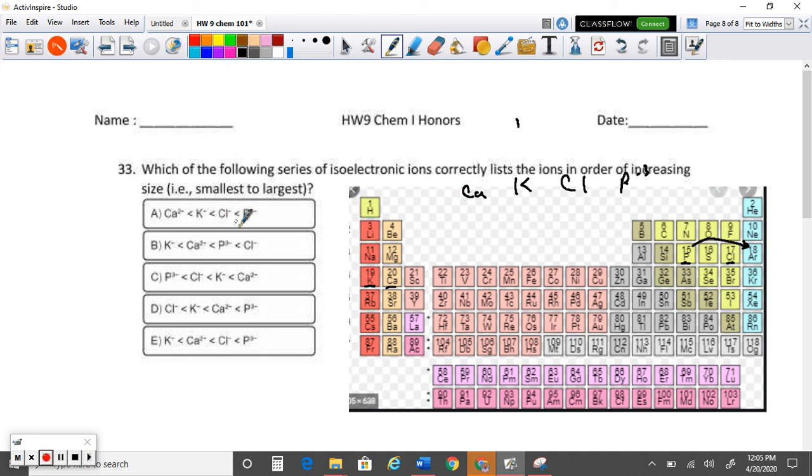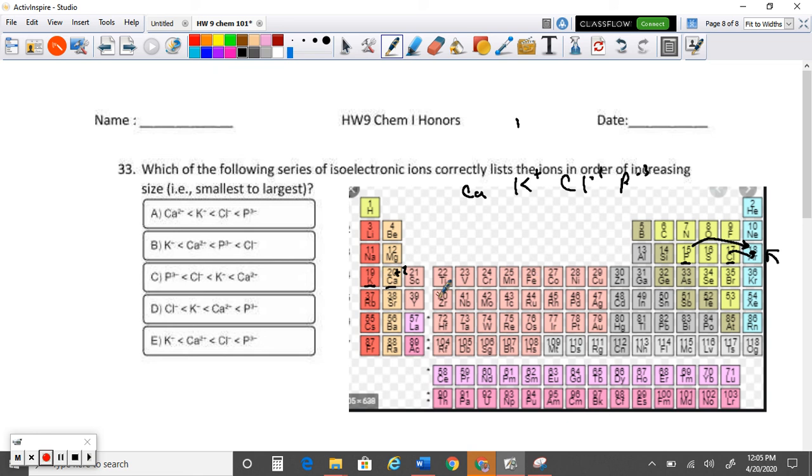Chlorine becomes a -1, so that means chlorine goes here to argon. And then calcium loses 2 electrons, becomes a +2, so it's going to come to argon. And then potassium is going to lose 1 and become K+, and comes to argon. So they all look the same.